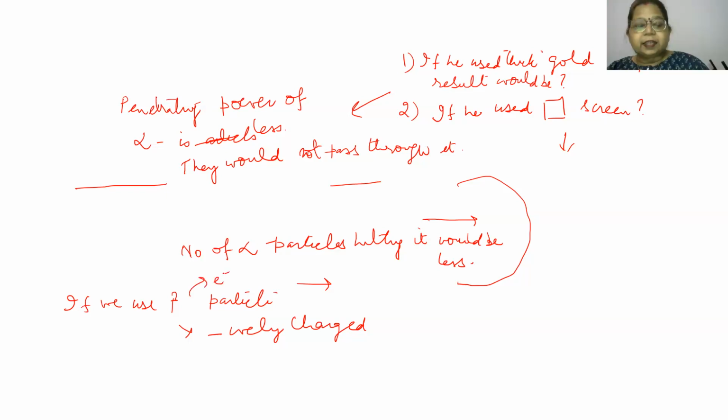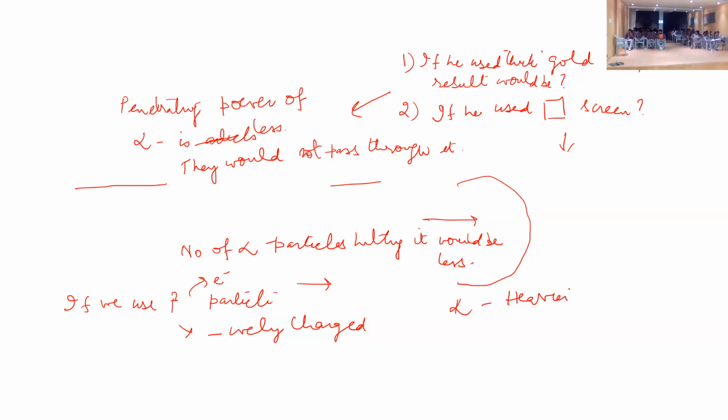Beta particles are electrons, student, and alpha particles are helium-2 plus. If you talk in terms of mass, alpha particles are heavier. I'm giving you another clue. Think about the charge. Charge on the electron and charge on the nucleus.